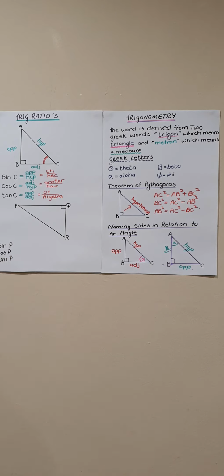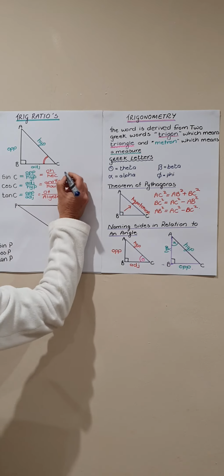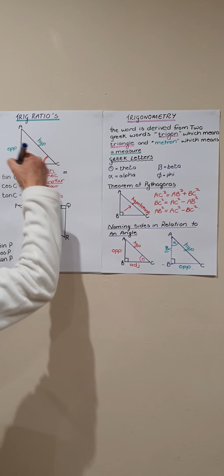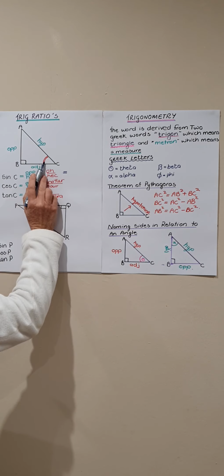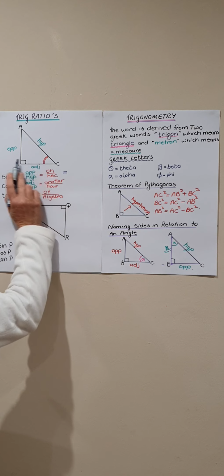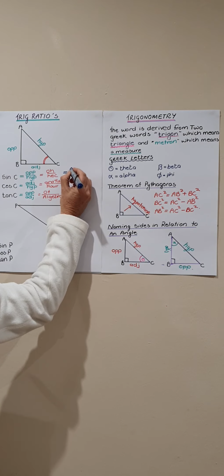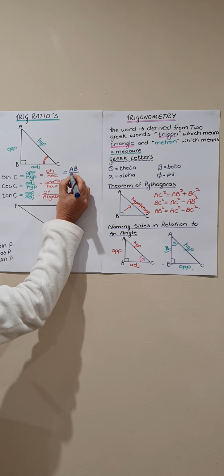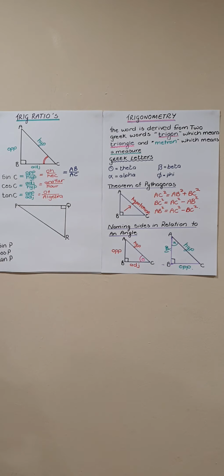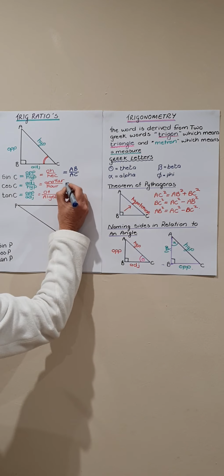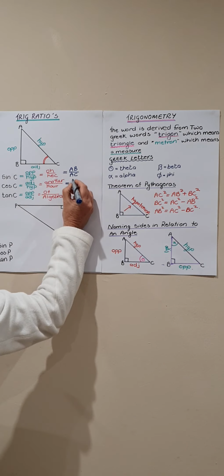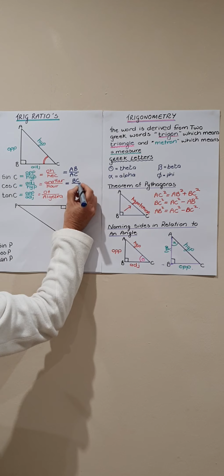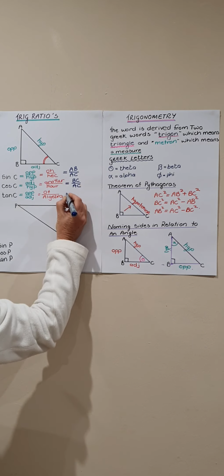So we go ahead here, and I want to also label this in terms of the triangle. So the opposite side to C is going to be AB, over the hypotenuse, which is AC. Then if I go and look here, cos is adjacent, the adjacent is BC over AC.